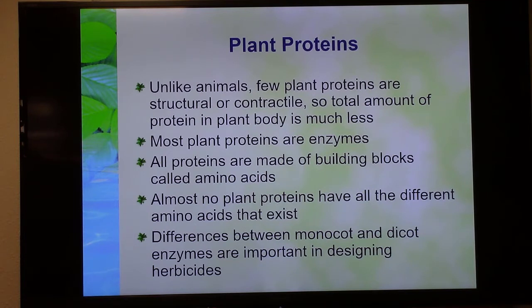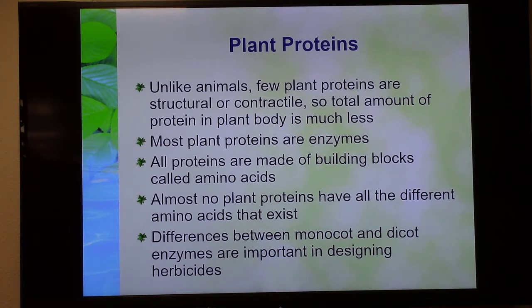Most plant proteins are enzymes. All proteins are made of building blocks called amino acids. And there are about 20 different amino acids that you put together, kind of like that brick wall. You put them together this way or you put them together that way. Almost no plant proteins have all the different ones that exist. Animals do.